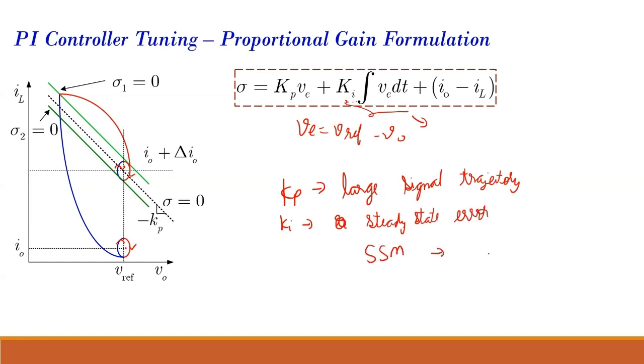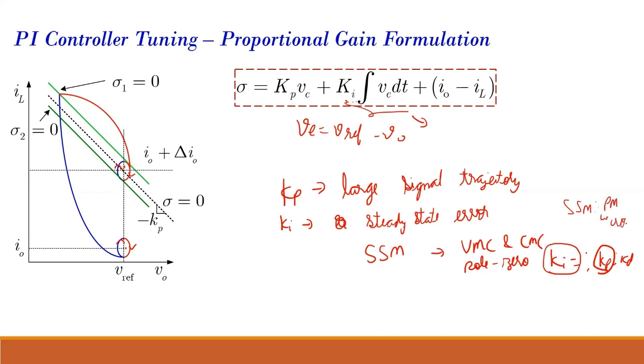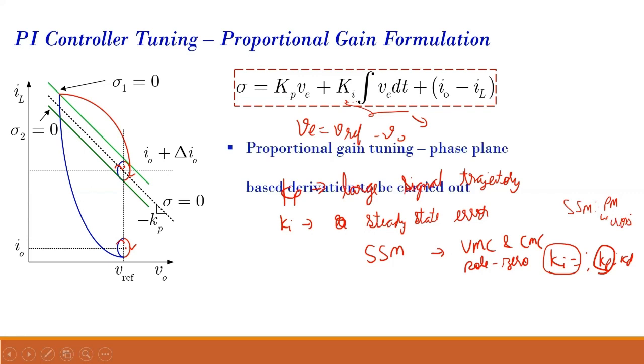Initially, for voltage mode control and current mode control, after pole zero cancellation, we found the value of Ki, and from that we found the values of Kp, Kd, etc. But here, we find the value of Kp, use that value of Kp, and the Ki value is found from the small signal model based on what phase margin we want, what crossover frequency we want, etc.